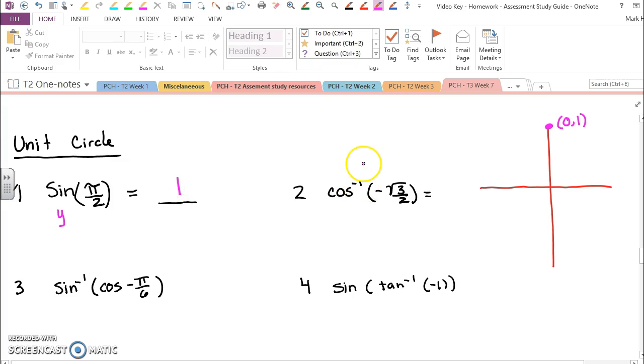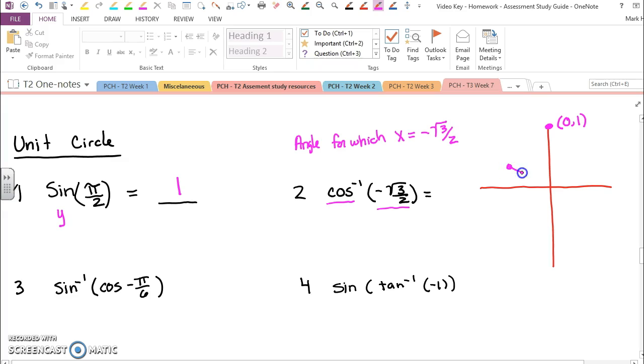Inverse cosine really means that you're looking for an angle. So you want the angle for which x, because cosine deals with x, is equal to the argument given, negative square root of 3 over 2.